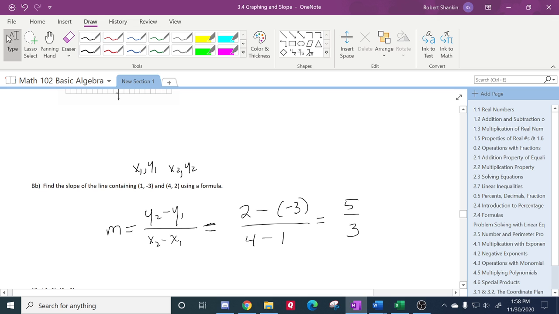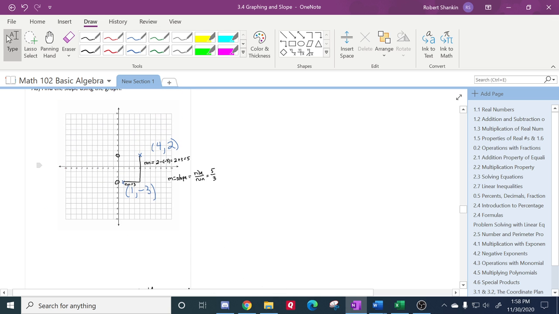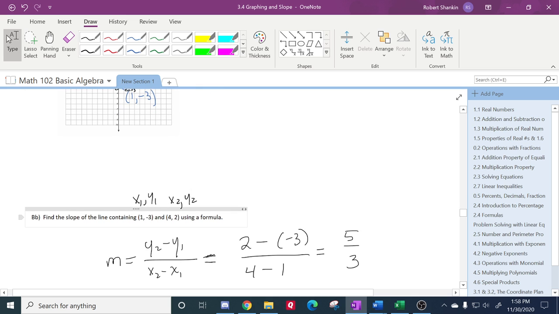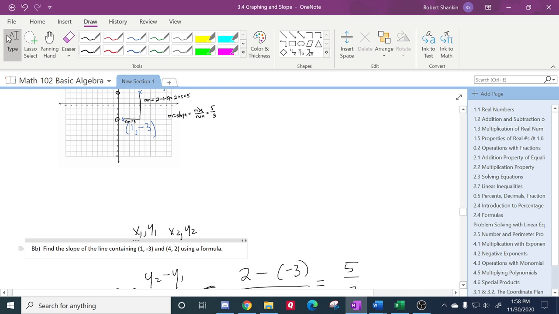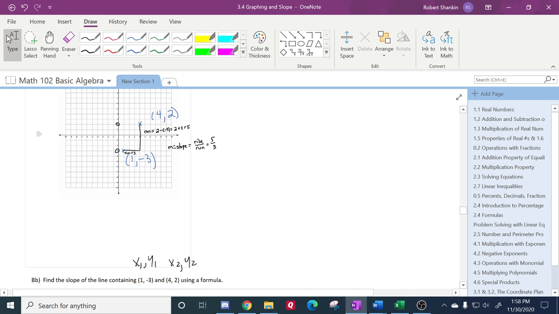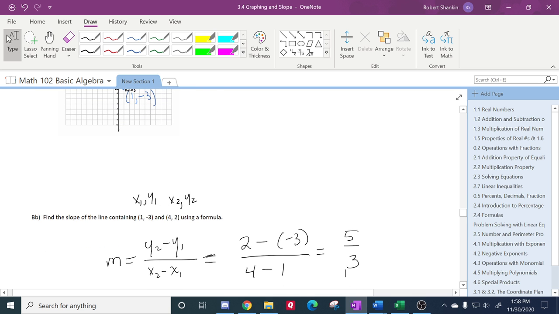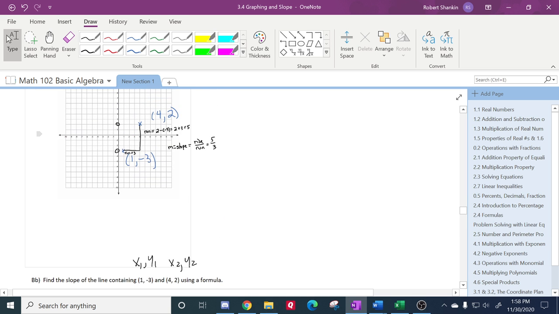Now, what a lot of people don't realize when they're using this formula, there's a visual component of it. And we're trying to make it really explicit. The negative 3 was the height of the first point. And the positive 2 is the height of the second point. And you find the difference in heights by subtracting those two numbers.